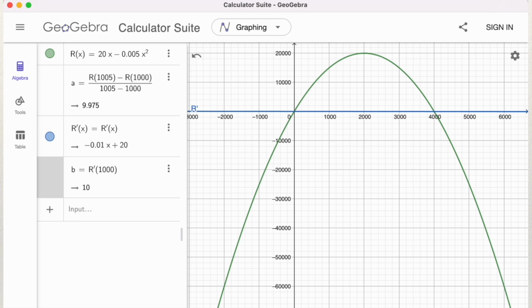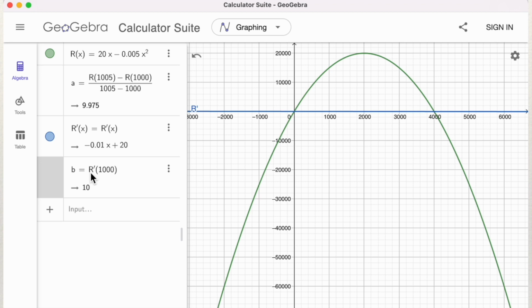And if you want to know the marginal revenue, type r prime of x, and GeoGebra will give you the answer. Press enter after any input. GeoGebra knows what the derivative is.